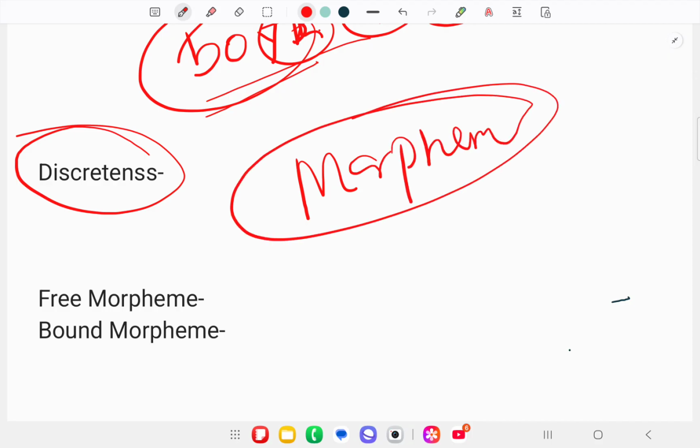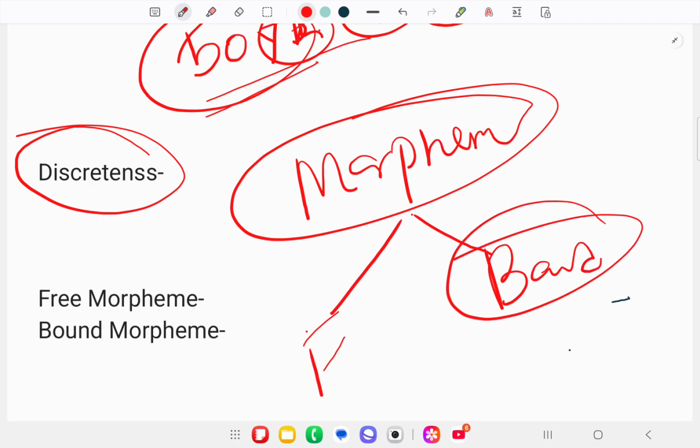Next, when do we talk about the morpheme? We have two kinds of morpheme. The first is the free morpheme and the second is the bound morpheme. What is a free morpheme and what is a bound morpheme? Our morphological knowledge has two components. The first is knowledge of the individual morphemes, and the second is knowledge of the rules that combine them.